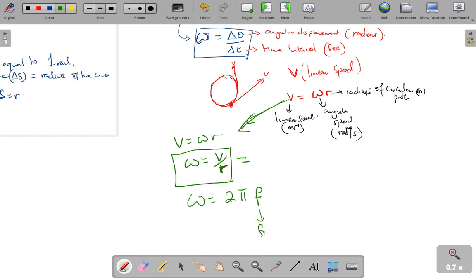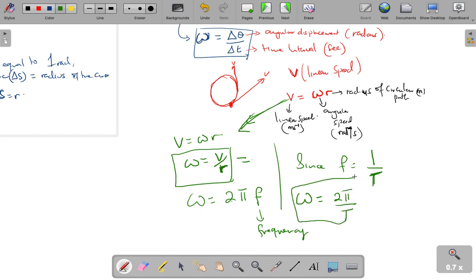And since frequency is 1 over capital T, the number of oscillations per second, we can now write omega as 2 pi over capital T. So this one is also a formula. These three that I'm putting in boxes are different formulae that we can use to calculate angular speed depending on what we have been given.